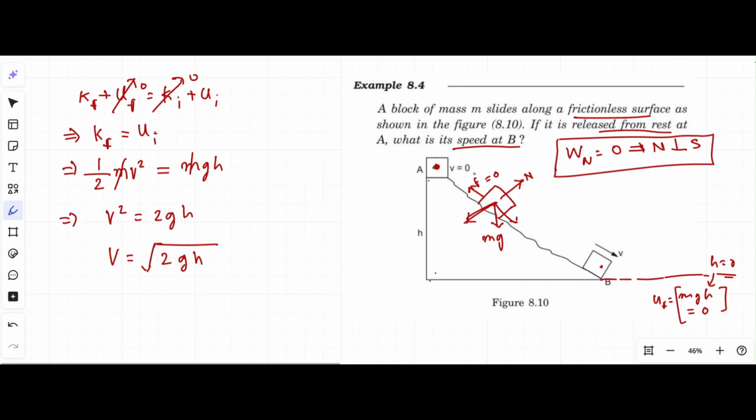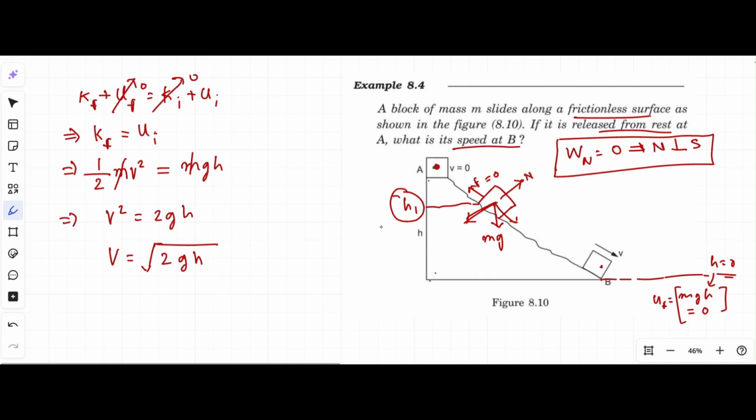So the mechanical energy remains conserved. When the object is moving down, suppose the object is at this point at some height h1, then it will have a certain velocity here, and the potential energy will be mgh1.